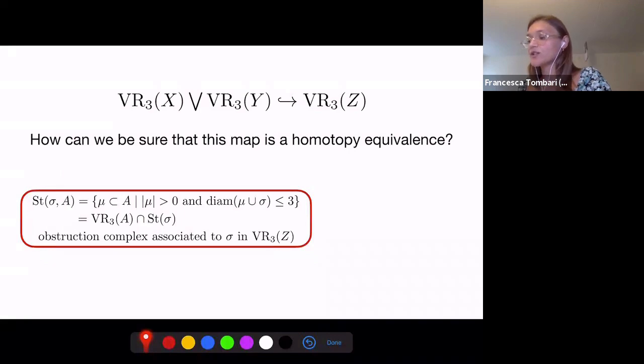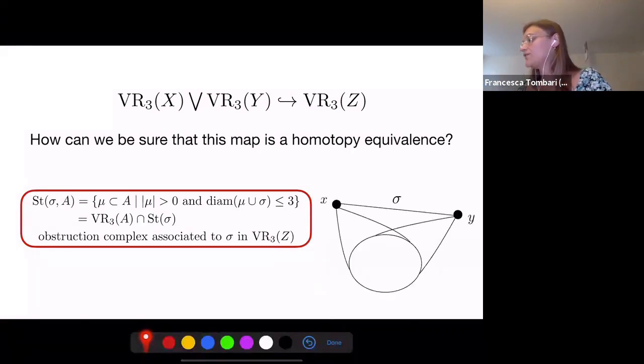And I refer to these sets as obstruction complexes, each one associated to a simplex sigma in the Vietoris-Rips complex of Z, and they are indeed simplicial complexes.